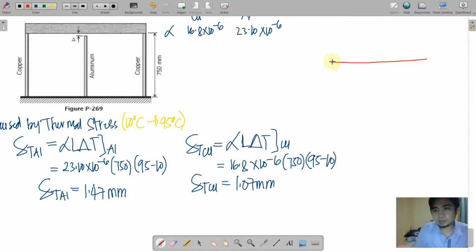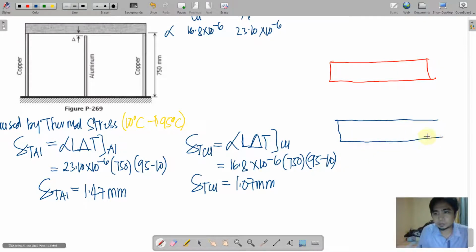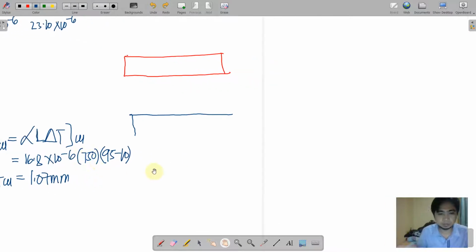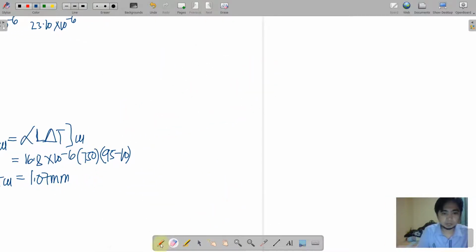This is the final position and this is the original position, the initial position.